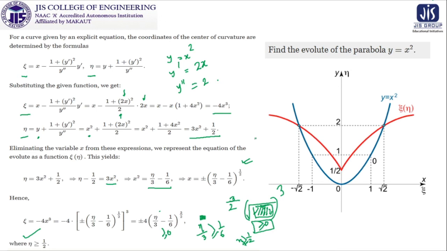So this is the pictorial diagram of this whole problem. Look at this. This blue line is our y equal to x square parabola. Clear? Our job is to find out the locus of the center of the osculating circles. So when it is here, there will be a circle like this, whose center is here.